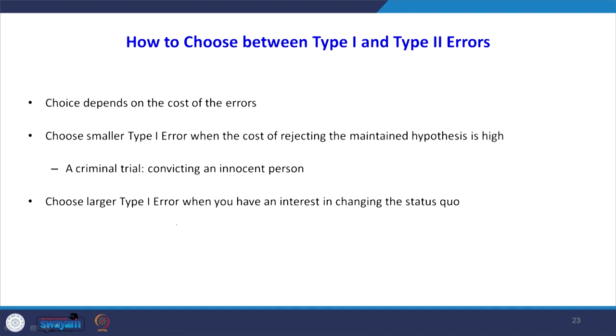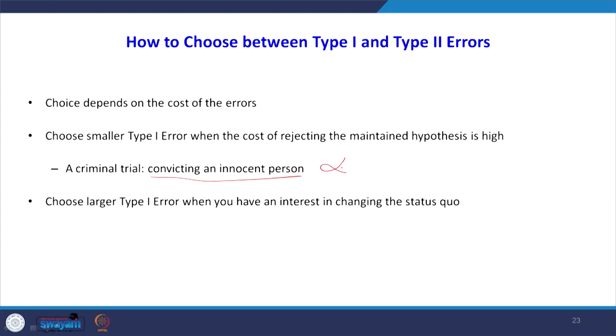Okay. How to choose between type 1 and type 2 error? The choice depends upon the cost of error. The first point is, choose a smaller type 1 error when the cost of rejecting the maintained hypothesis is high. For example, in a criminal trial, convicting an innocent person is a very costly mistake.